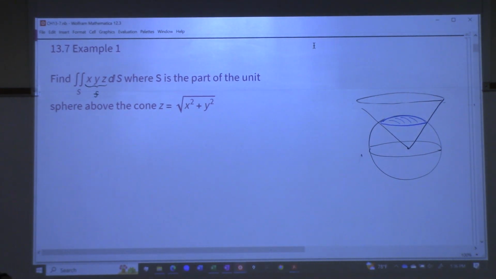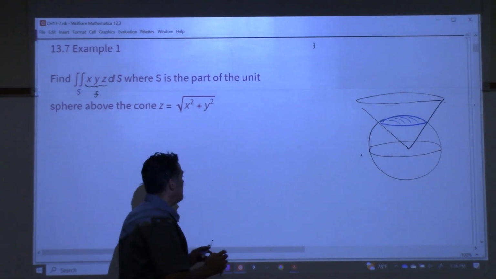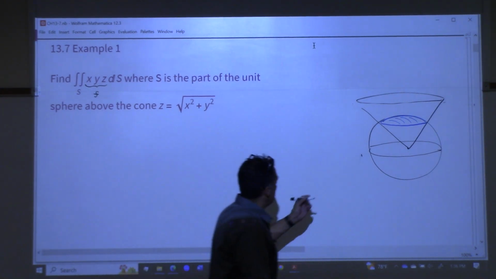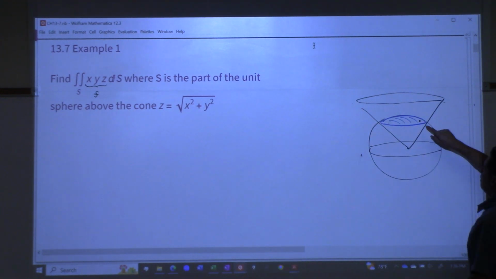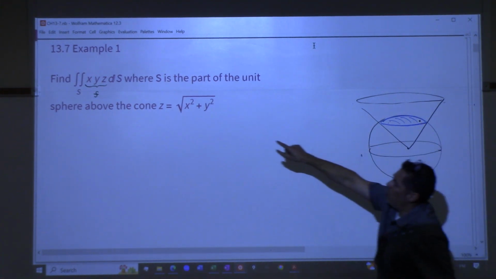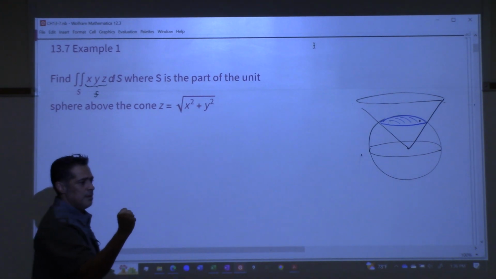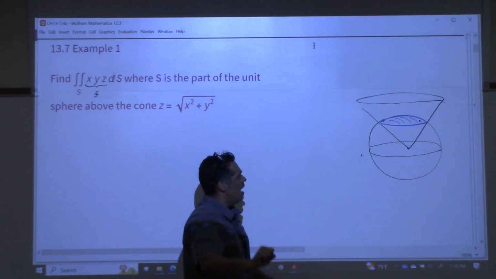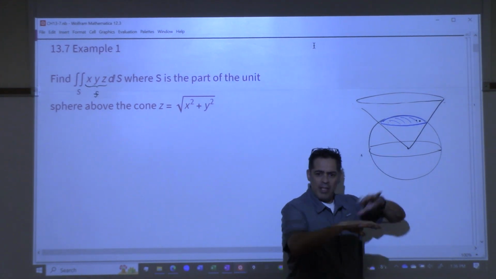Yes? Would that be the volume of that if we took the integral? No. That area? Nope. So what this is saying is go to all the points on here, right? Like let's just say go to that point. Tell me what the x, y, and z coordinates are. Multiply the x, the y, the z together, and you're going to get a number, right? Okay, hold that number. Now move to the next point and do it again. Hold that number. And do that over the entire surface.